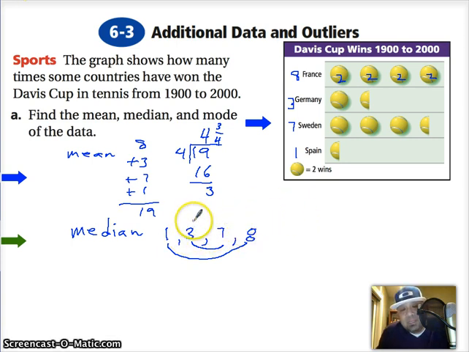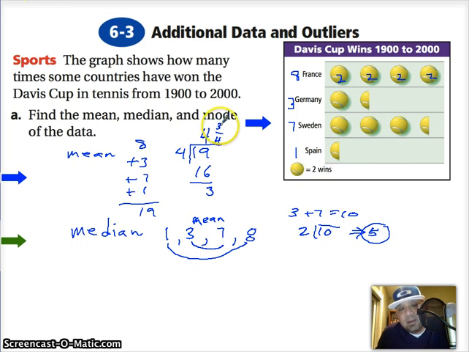Well, we find the mean of these 2 in the middle. That would be 3 plus 7 equals 10, divided by the number of values, 2, so it's 10 divided by 2, which turns out to be 5. So the median is 5, the mean is 4 3/4, and the mode, well, let's take a look.